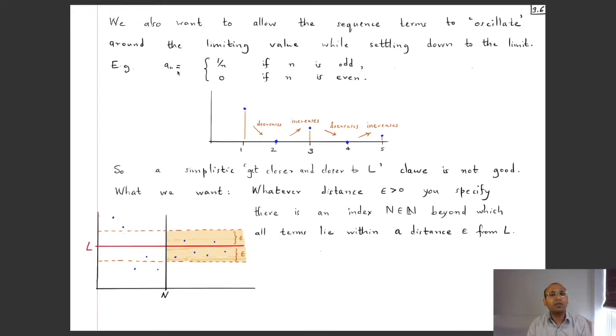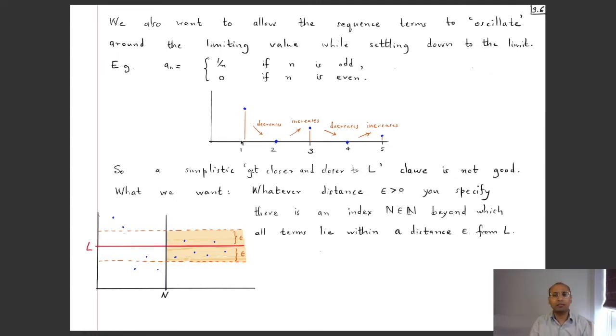Suppose I look at the sequence a_n, where the nth term is given by 1 by n if n happens to be odd, and 0 if n happens to be even. So the terms of the sequence look like this. At all the even places it's 0, but at the odd places it goes as 1 by n. So you have 1, then 0, then 1 by 3, then 0, 1 by 5, and so on.